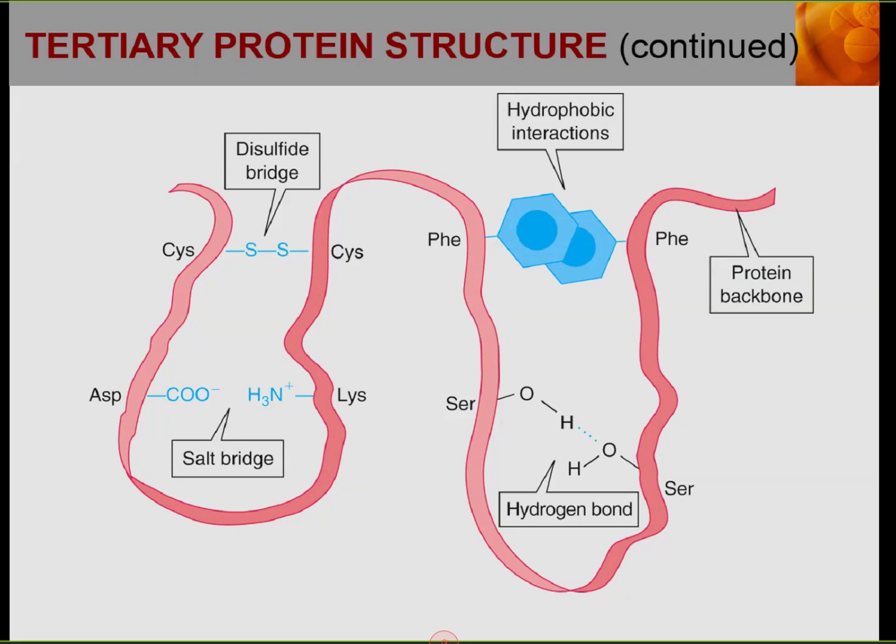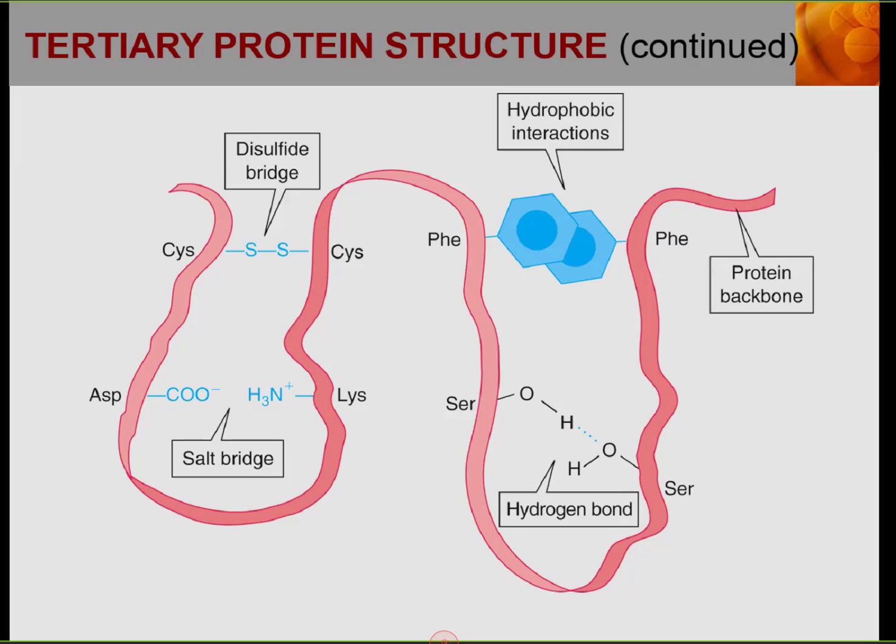There's a third kind of interaction, hydrophobic interactions, and you see phenylalanine, which has an aromatic ring in its amino acid, and the interaction of these two aromatic rings forms a hydrophobic interaction. Very weak, but still a hydrophobic interaction, again, defines the structure of the protein.